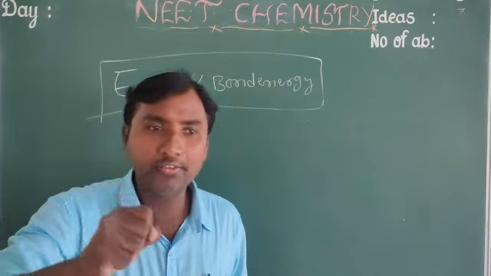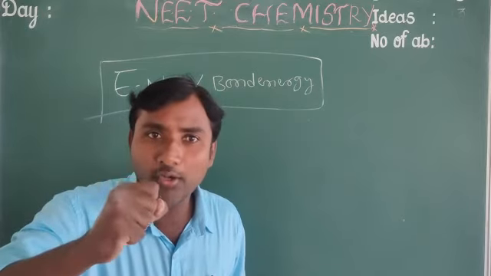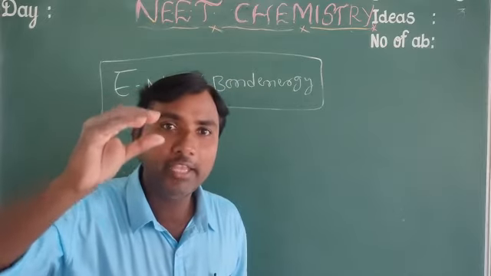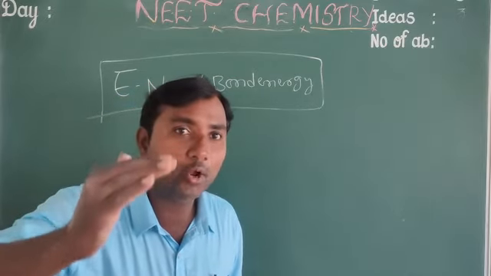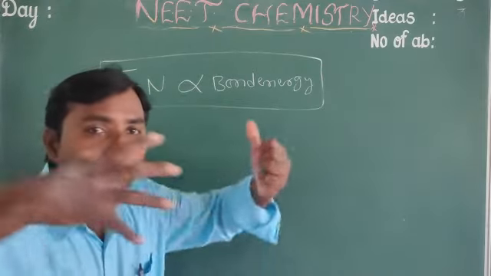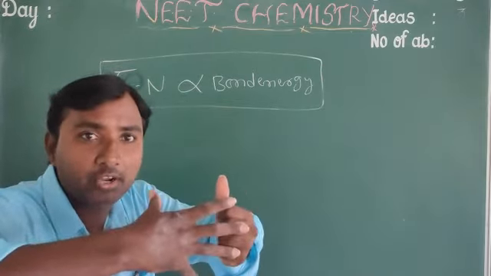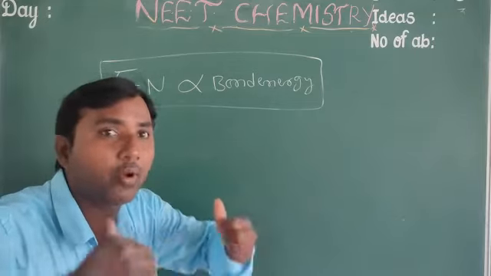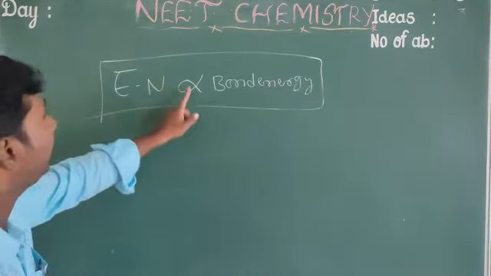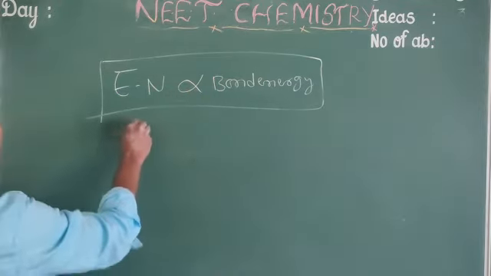Bond energy means the energy required for breaking of a bond, the energy required for breakdown of the bond. So more electronegative means more attraction. More attraction means more energy required to break the bond. That's why electronegativity is directly proportional to bond energy.